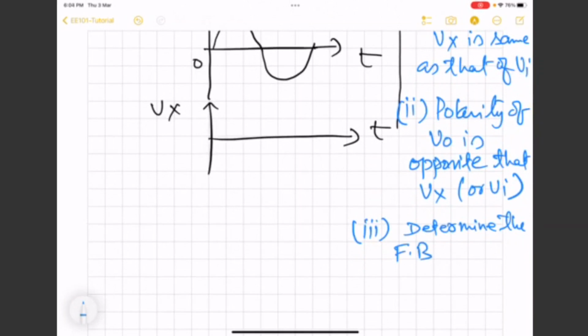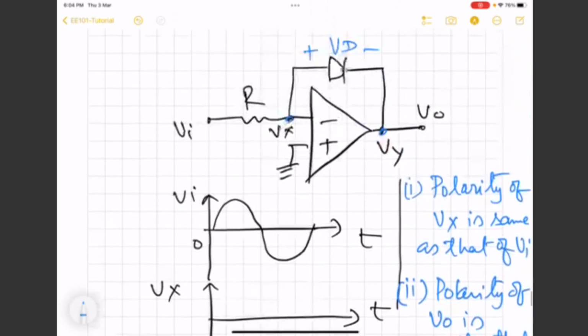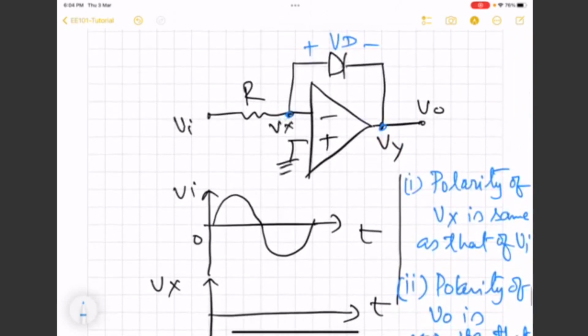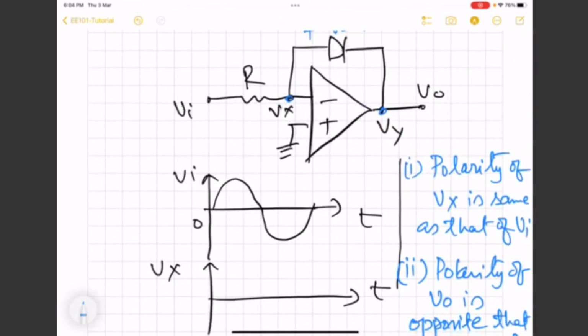Determine the bias condition of the diode, whether it is forward bias or reverse bias. So what will be Vx voltage during first half of the input?